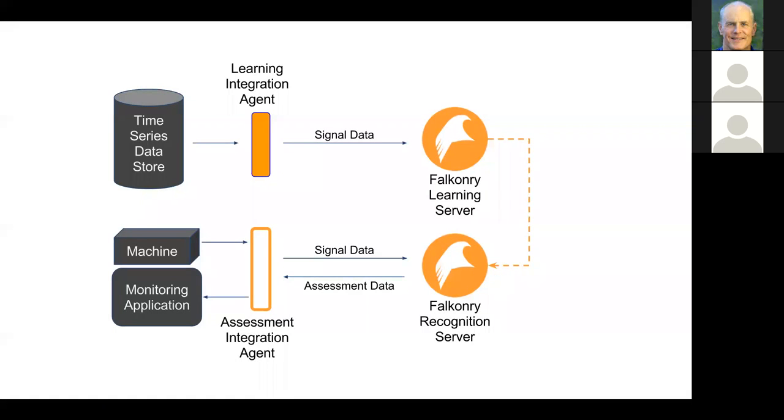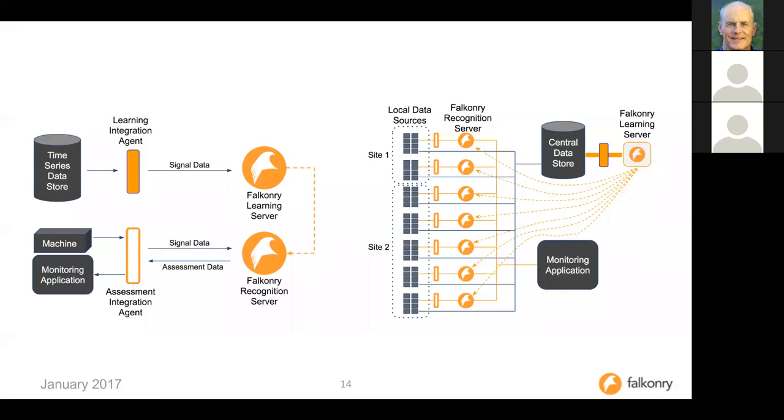It's possible also to configure the system where you separate those two activities, where learning could be done centrally on one server, and then you could have smaller servers for recognition with lower latency distributed, close to the machine or the process line or what have you. We've seen cases where this can map across various sites and geographies. So this is something we can talk about if anyone is interested.